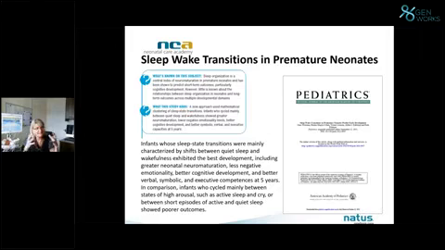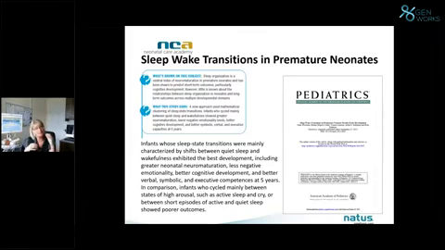They said that these infants whose sleep state transitions were mainly characterized by shifts between quiet sleep and wakefulness exhibited the best development, including greater neonatal neuromaturation, less negative emotionality, better cognitive development, and better verbal, symbolic, and executive competencies at 5 years.